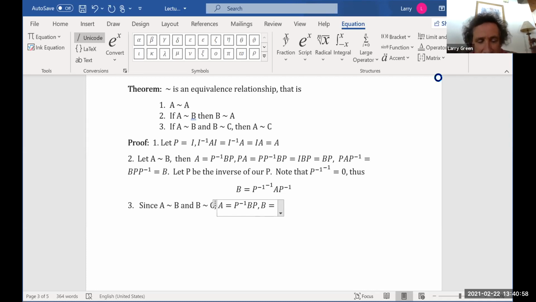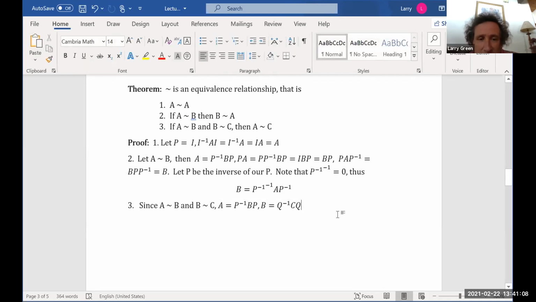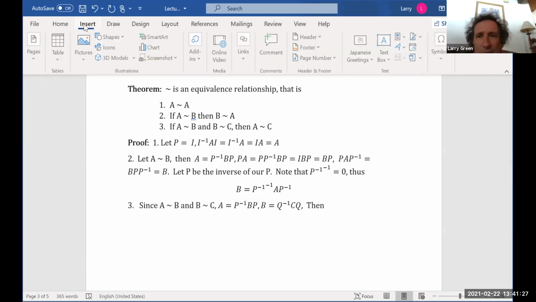So let's call it Q inverse CQ. Anyone lost on what I just wrote? Any questions on that? So now I just substitute. So I have A equals P inverse times this B, which is Q inverse CQ, times P. So let's write that out.